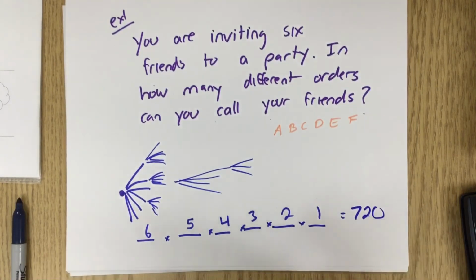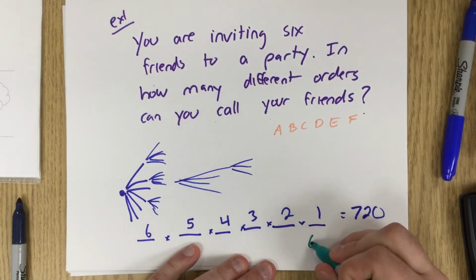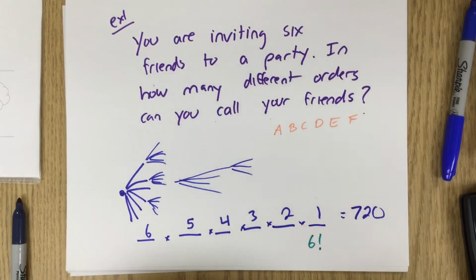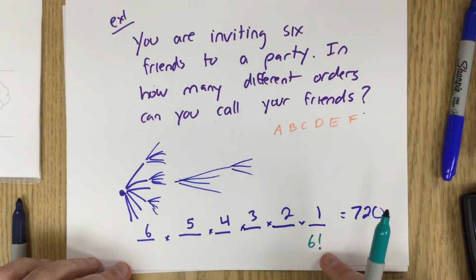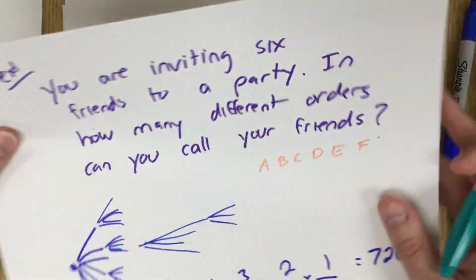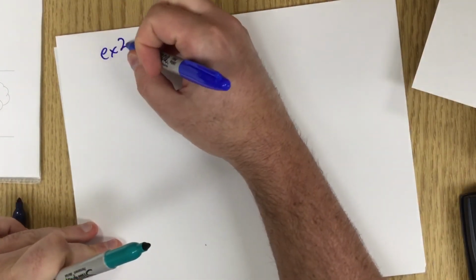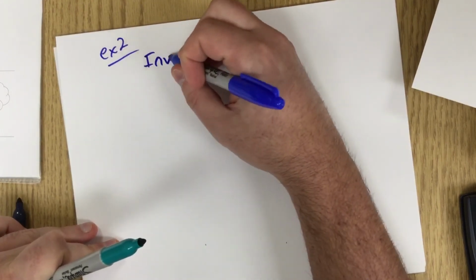Now, another way of writing this, of course, would be to write it as 6 factorial. So the number of orders to line up 6 things would be 6 factorial. Now let's say instead of inviting 6 friends to the party, I'm inviting 8 friends to the party.